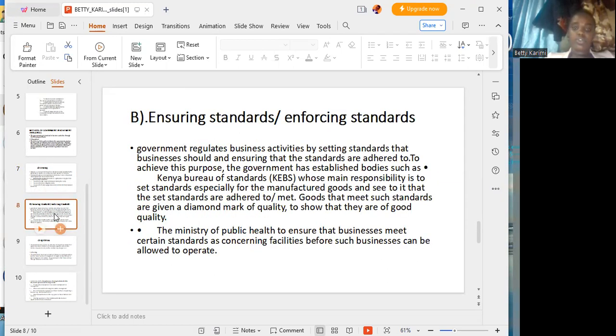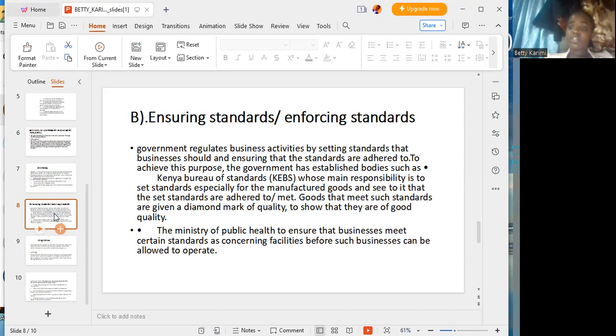The second one is enforcing standards. Government regulates business activities by setting standards that businesses should meet and ensuring that the standards are adhered to. To achieve this purpose, the government has established bodies such as the Kenya Bureau of Standards (KEBS), whose main responsibility is to set standards especially for manufactured goods and see to it that the set standards are adhered to or met.